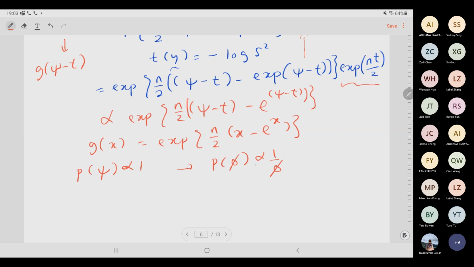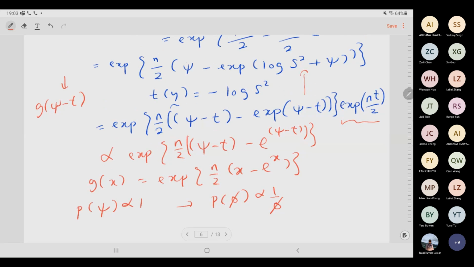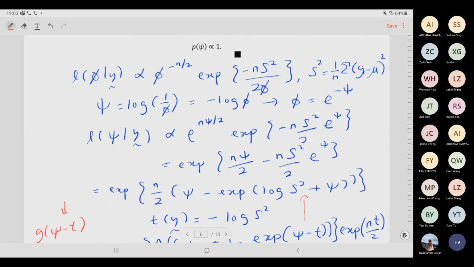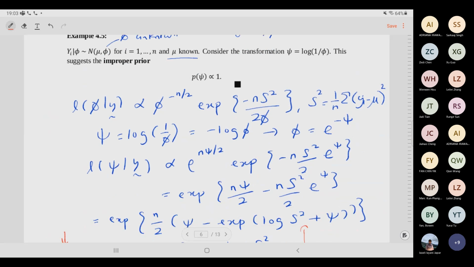Okay, so this means that if you look at the phi originally, it does not imply a data translated likelihood.